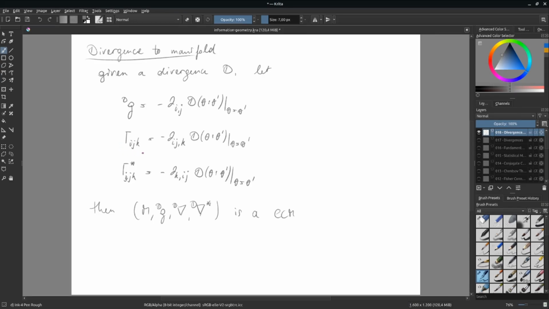Similarly for the Christoffel coefficients, both the primal and conjugate, and then you get a conjugate connection manifold. So it's another way you can construct a statistical manifold from something. There's a lot more you can do with divergences, but I didn't have time for that.